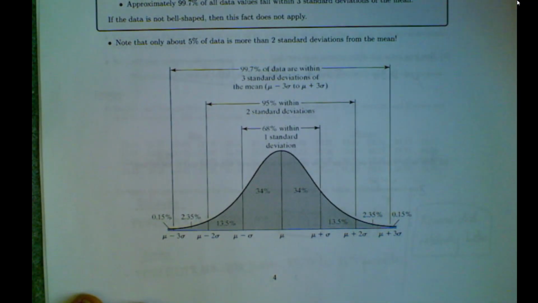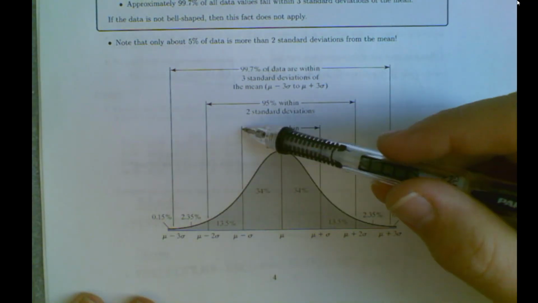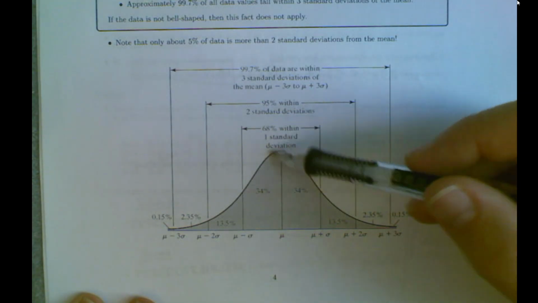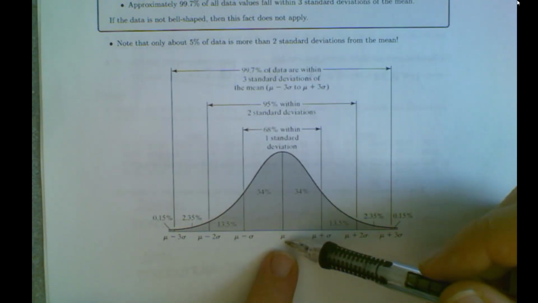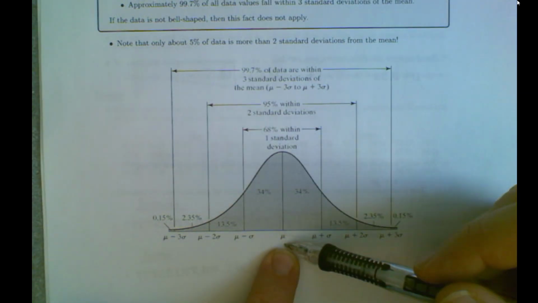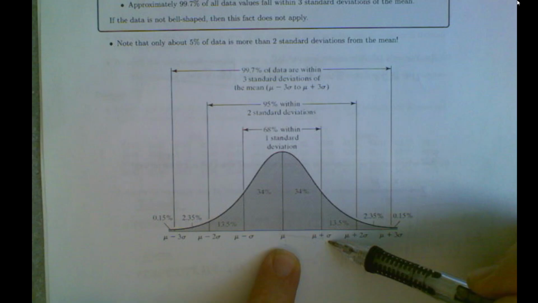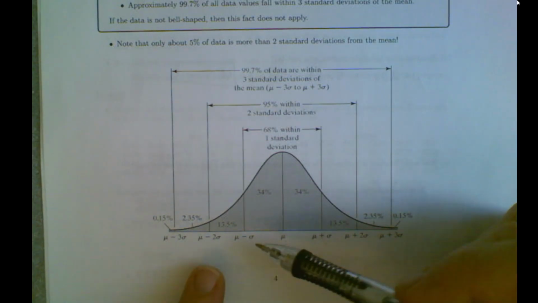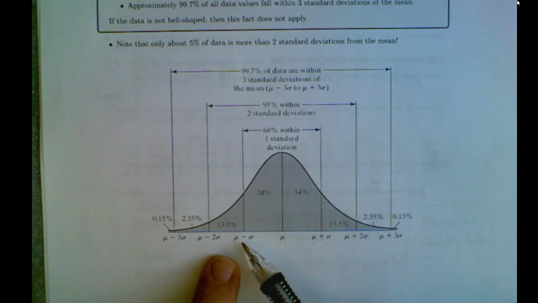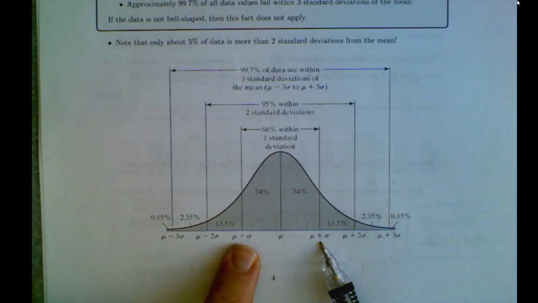Okay. So we've got 68% of our data within one standard deviation. So if our mean is in the center, then one standard deviation above the mean would be at mu plus sigma, right? Mean plus standard deviation. And one standard deviation below the mean would be mean minus standard deviation, right? So this is one z-score.